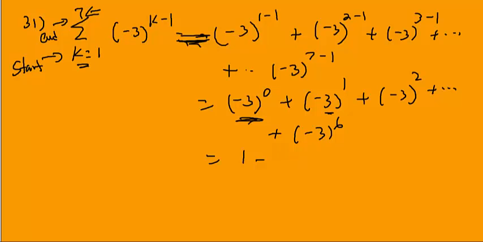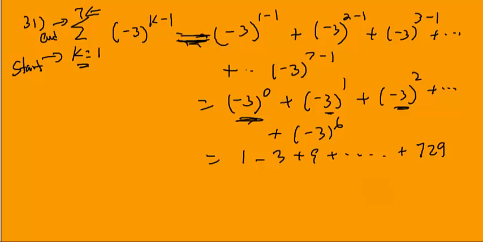Negative 3 to the 1 is negative 3, negative 3 to the second is positive 9, and so forth, all the way to negative 3 to the sixth. Let's find out what that is. 3 to the sixth turns out to be positive 729, because we're going to add all these up.